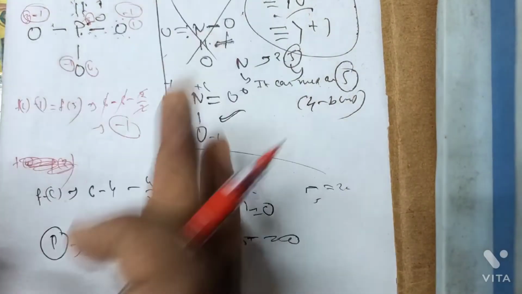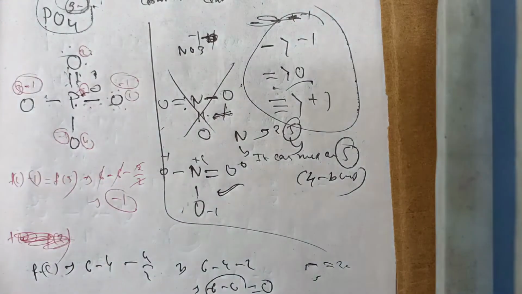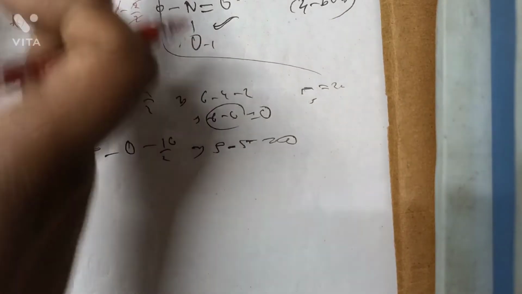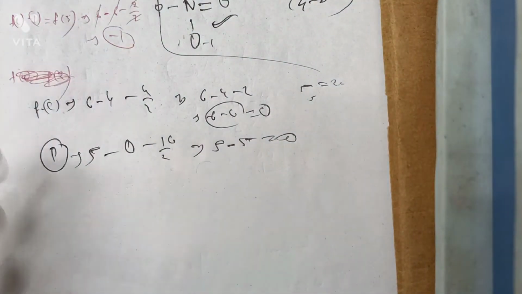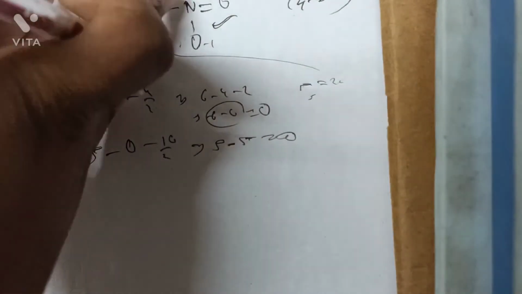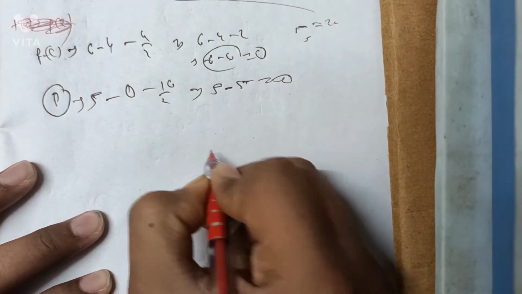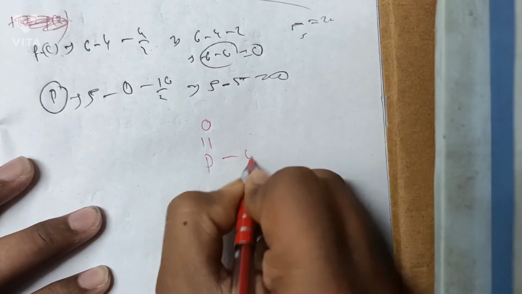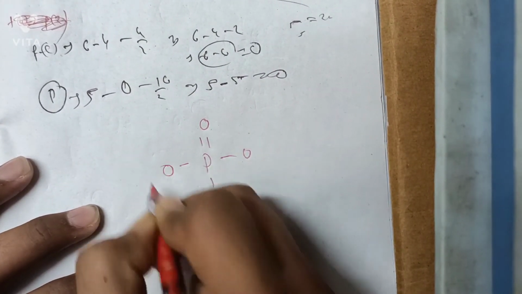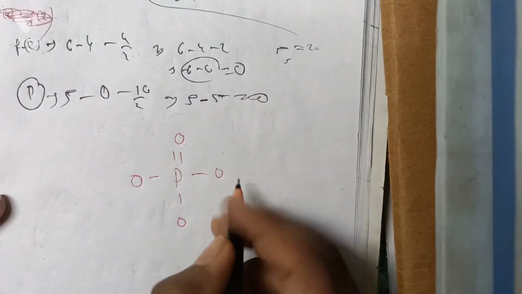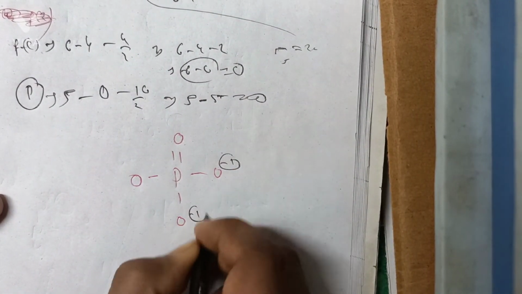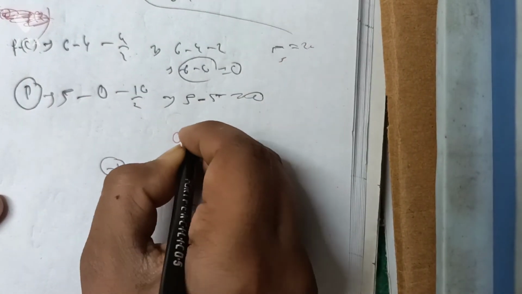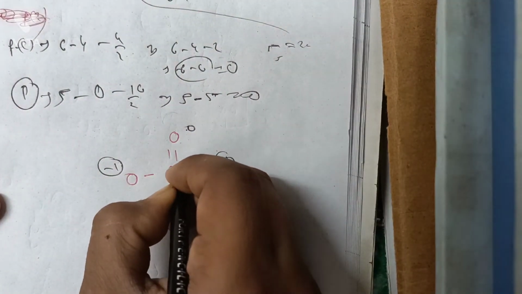Because it has become so complicated, I am drawing the molecule again and putting the formal charges which I have calculated here, for better understanding. The phosphate ion: double bond, single bond, single bond, single bond. We get -1 on this, -1 on this, 0 for this, and 0 for this.